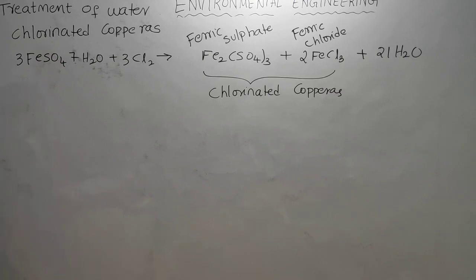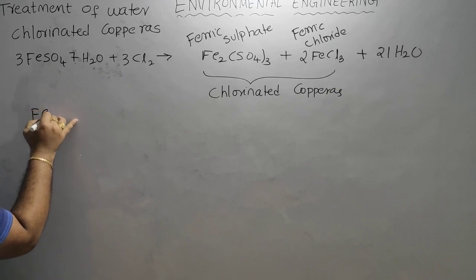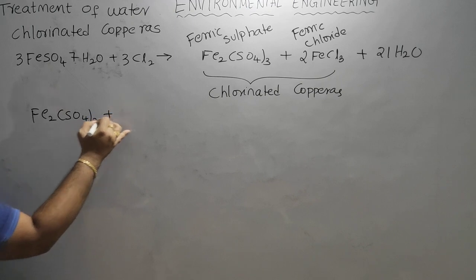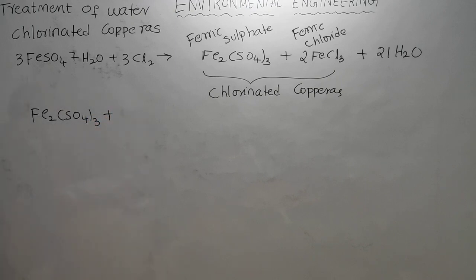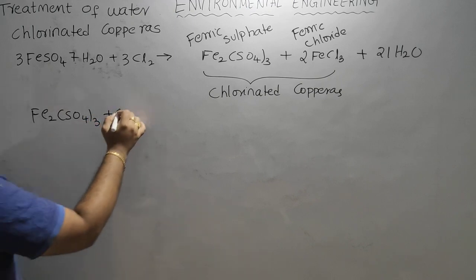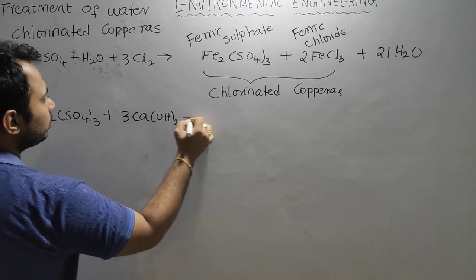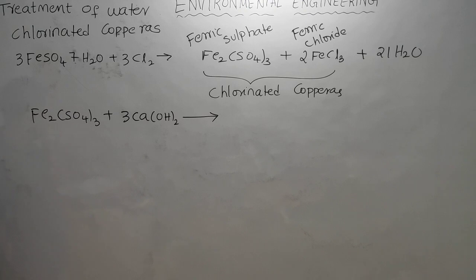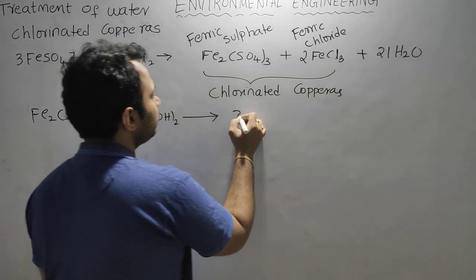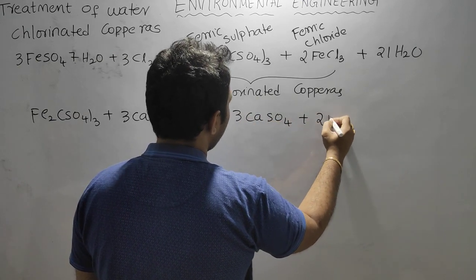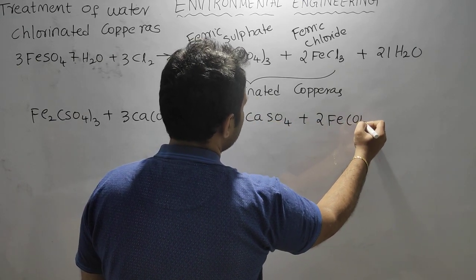Next, this ferric sulfate, Fe2(SO4)3, reacts with hydrated lime, 3Ca(OH)2, and forms 3CaSO4 plus 2Fe(OH)3.